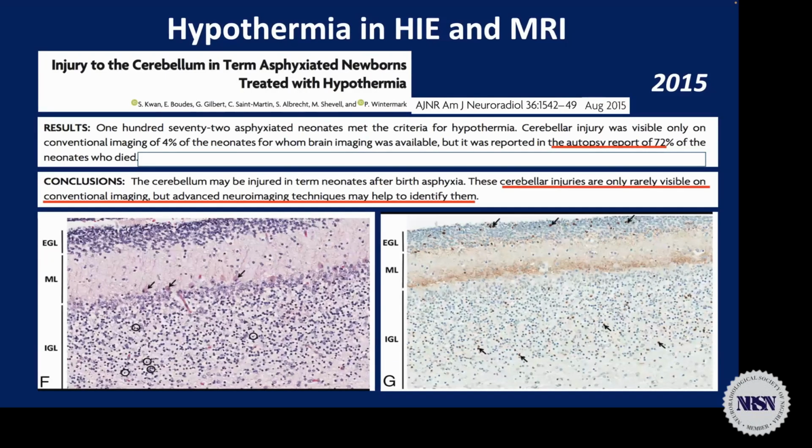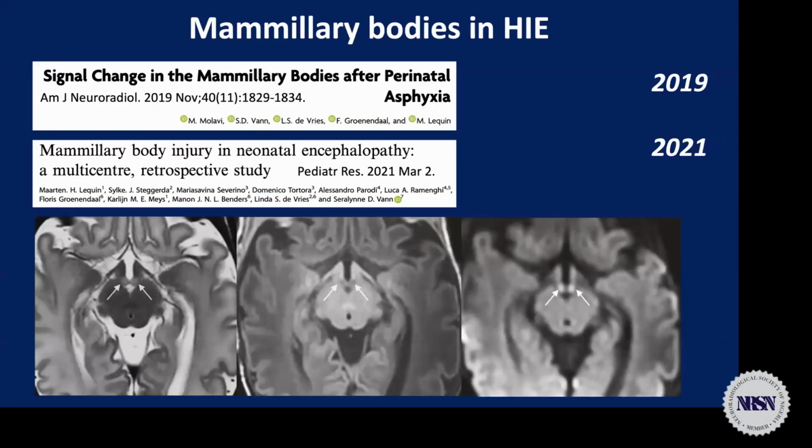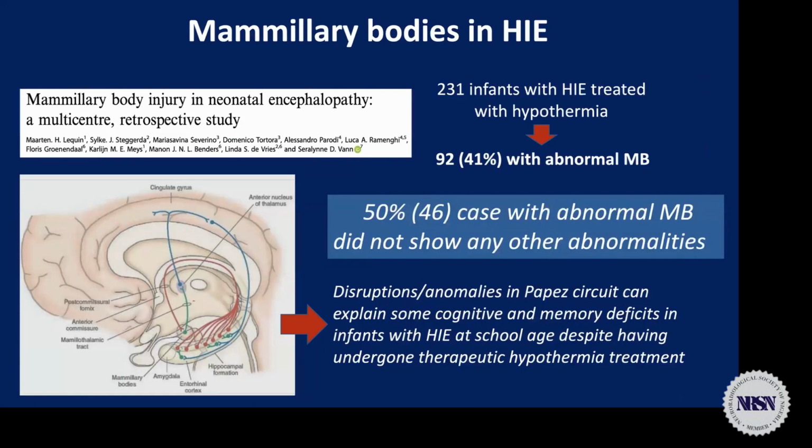But we know also that some injuries are missed by MRI. For instance, as this paper said, a small injury in the cerebellum can be missed. And magnetic resonance has recently pointed out another particular feature that is present also in case of hypothermia.